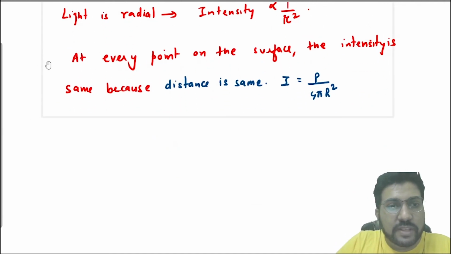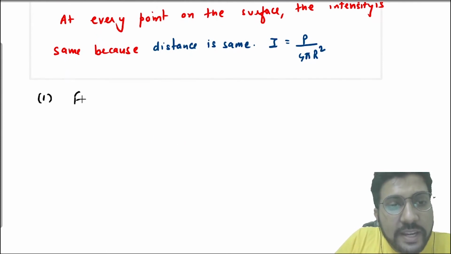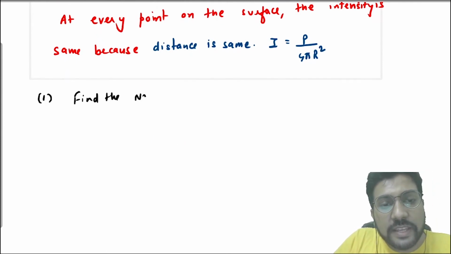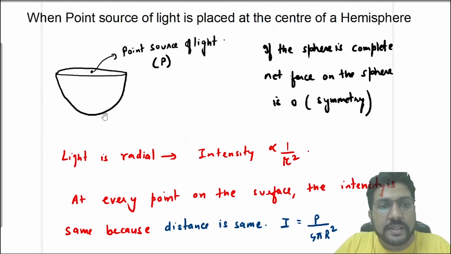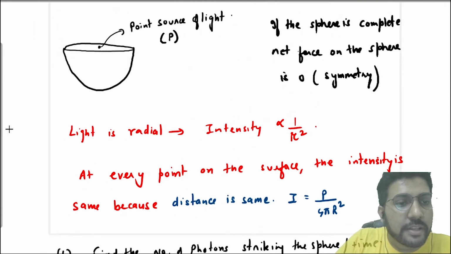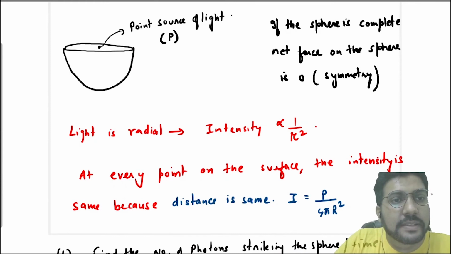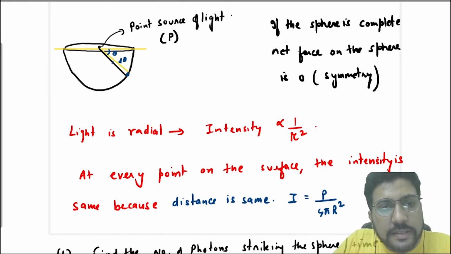Now first thing that we have to do again is find the number of photons striking the sphere per unit time, right? So obviously for every point the area vector is in a different direction, so I'll have to take an element. So let us take one element at an angle theta, of width d theta, and this area is dA.